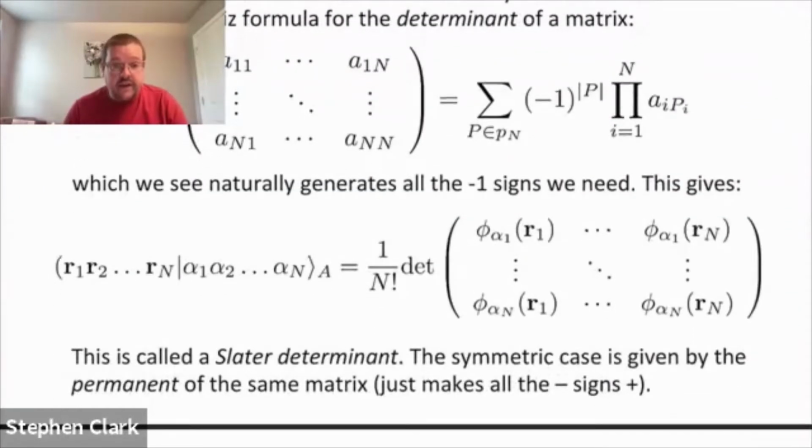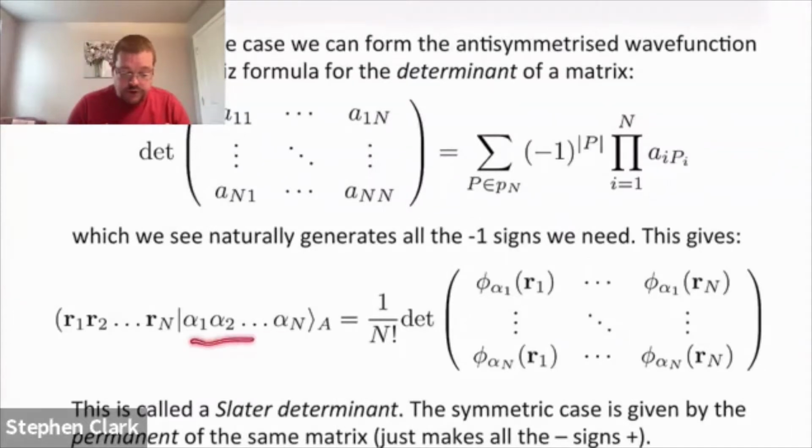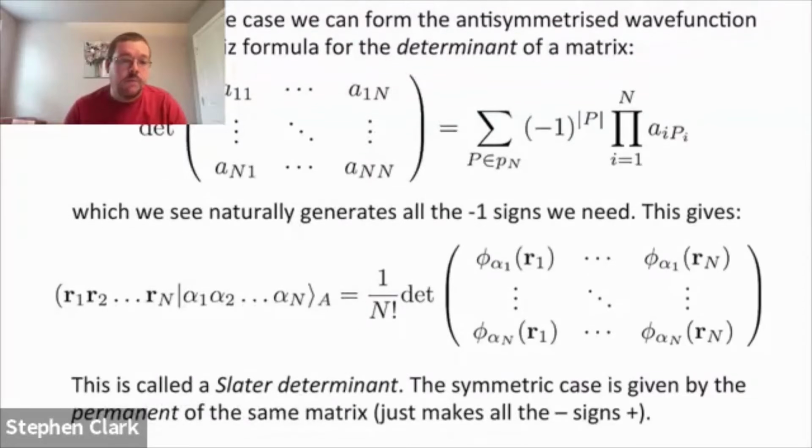So if you wanted each fermion in a separate single particle state and then anti-symmetrized it, that's exactly like putting all of the wave functions in a big matrix and taking the determinant of this matrix, and it's called a Slater determinant for that reason. That would generate all of those complicated terms, but it's a pretty nasty expansion for anything more than a couple of particles. If you want bosons, you do exactly the same thing, but instead of taking the determinant, you take the permanent of the matrix, which is basically the same thing with positive signs.